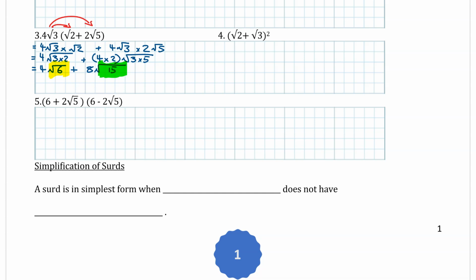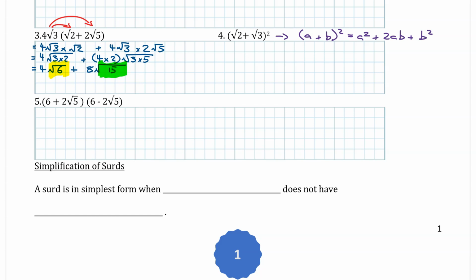Moving across, we've got in parentheses root 2 plus root 3 all squared. Notice the form that this is in, that it is a perfect square. So if you remember back to the polynomials topic, to expand out a perfect square, we can go a plus b all squared, and that will expand out to be a squared plus 2ab plus b squared.